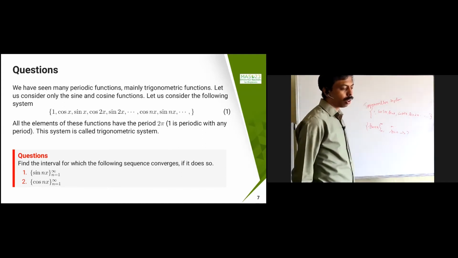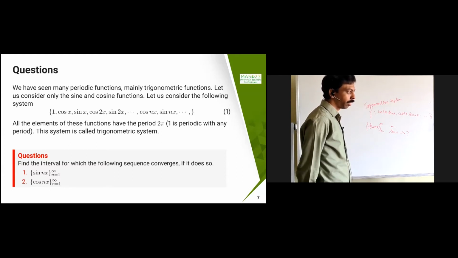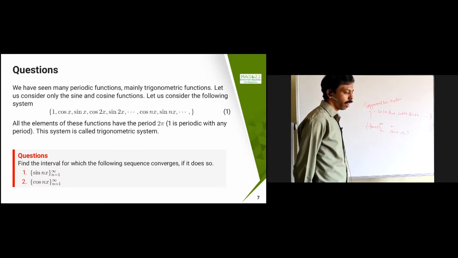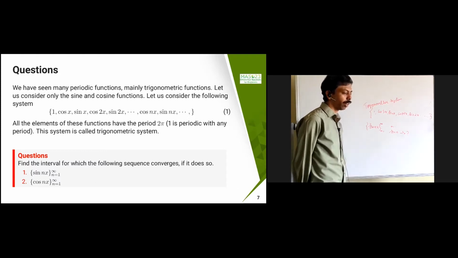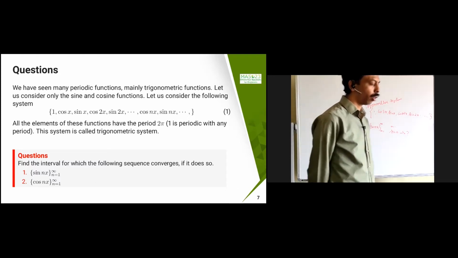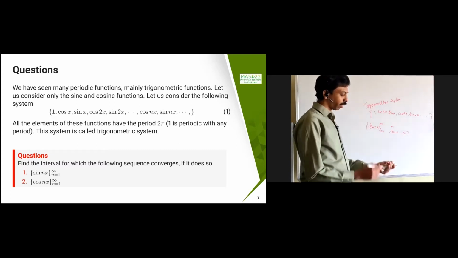If x equal to pi, will it converge? Yes, sir. So if x equal to minus pi, 2 pi, it is also going to converge. If x equal to pi, that is definitely going to converge. Same thing for cos nx.